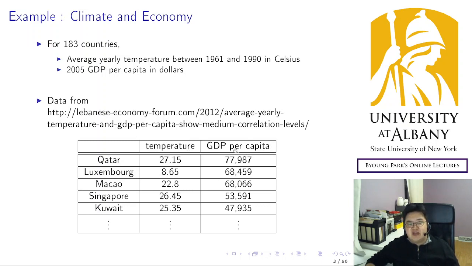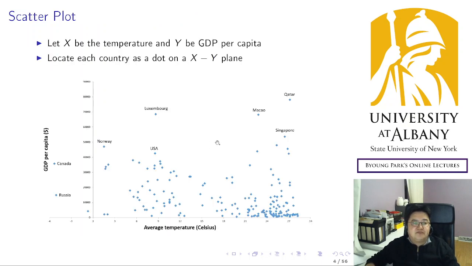If temperature is high, would GDP per capita be higher or lower? They may be irrelevant, but just as an example, let's think about that. So the first thing we can do is to make a scatter plot.